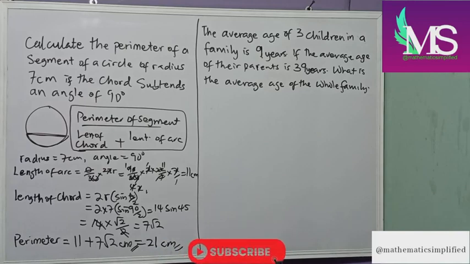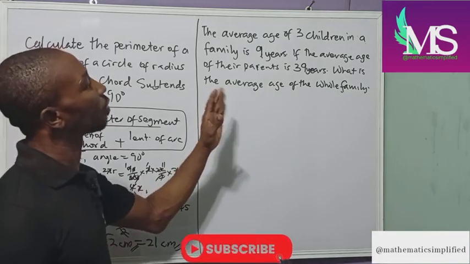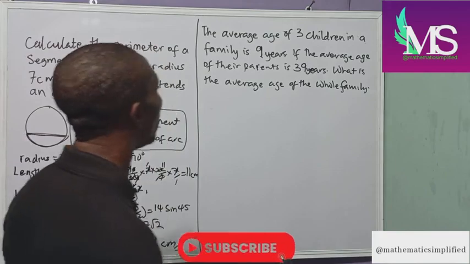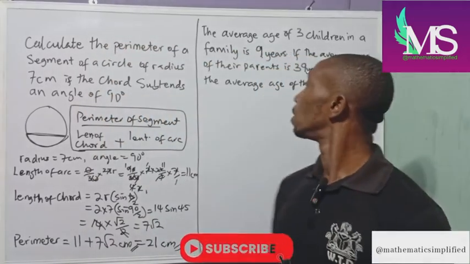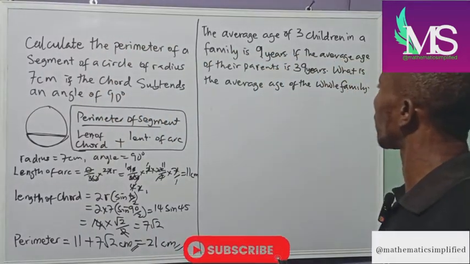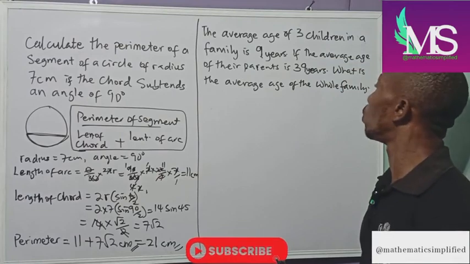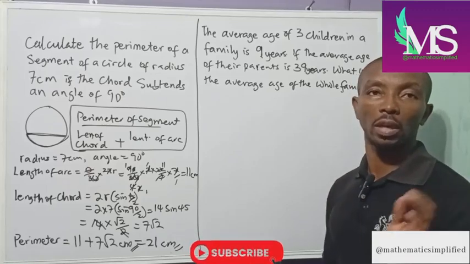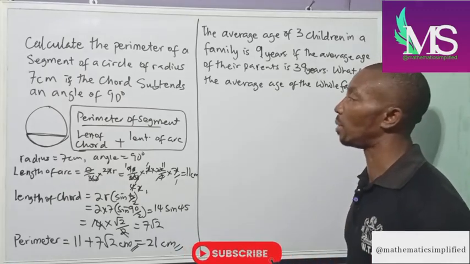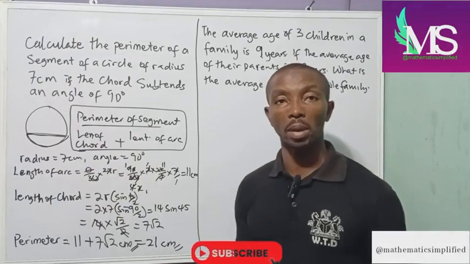Now, to the next question. It says, the average age of 3 children in a family is 9 years. If the average age of the parents is 39, what is the average age of the entire family? For us to get the average age of the entire family, it's just like calculating your mean.